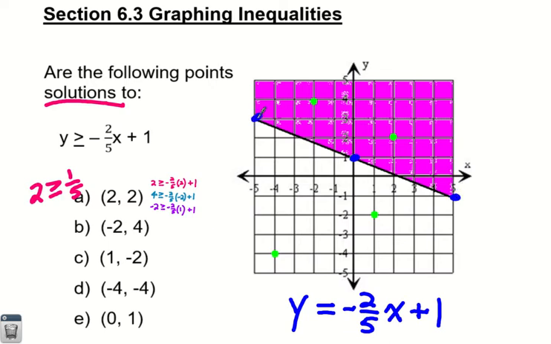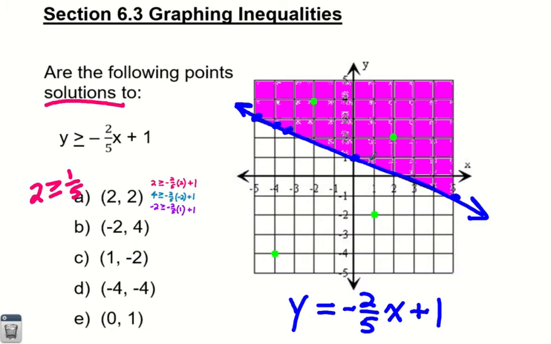And so we could even go in the reverse. Essentially, if this was an equation, all of these points on this line solve this. Whatever that point is, it's a solution.